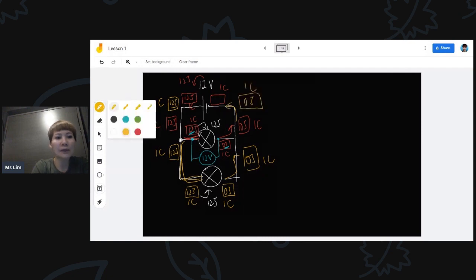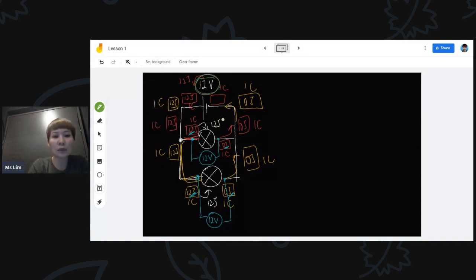Likewise, if I were to put a voltmeter to measure the energy difference, or the potential difference, across this light bulb, originally it is 12 joules. After that, each coulomb becomes 0 joules because all the 12 joules is given to the light bulb. It becomes 12 volt. So what you can observe is for a parallel circuit, the EMF will be equal to the total EMF in each path.